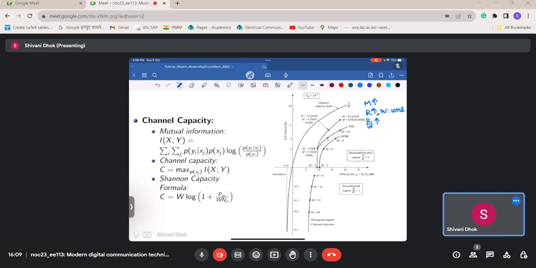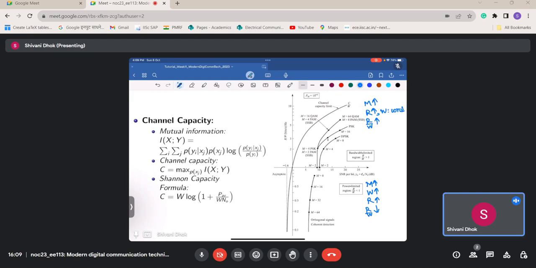Another thing that we saw in this power limited region was that as m increases, here bandwidth increases, rate also increases, but your R by W effectively decreases.